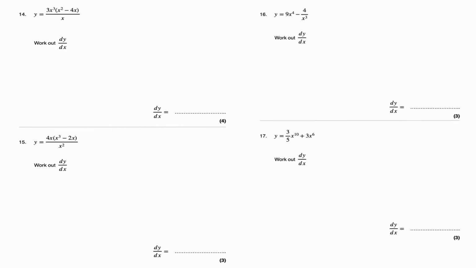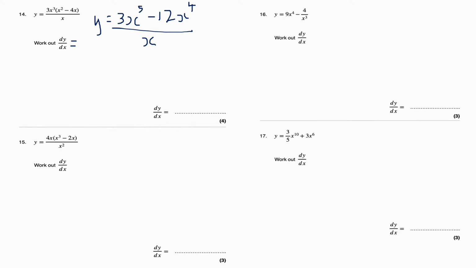Question number 14. I've got to differentiate this now, and it's got a division sign, but same idea, same logic here. If I expand the bracket on the top, I get y is equal to 3x to the 5 take away 12x to the 4, and that's all being divided by x. Now some of you may panic and think, oh no, I've got a division here.